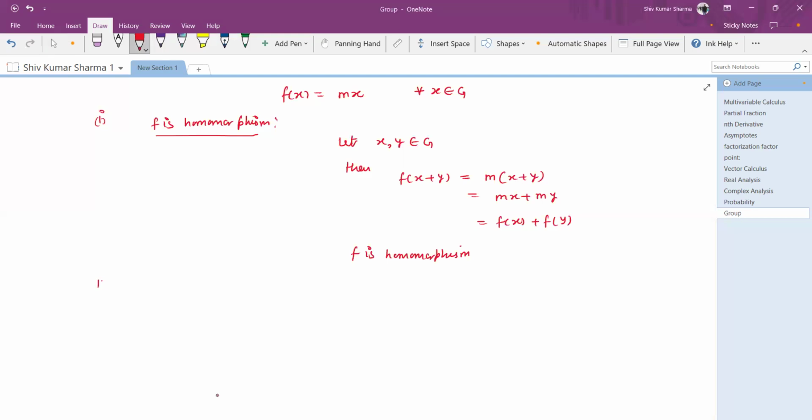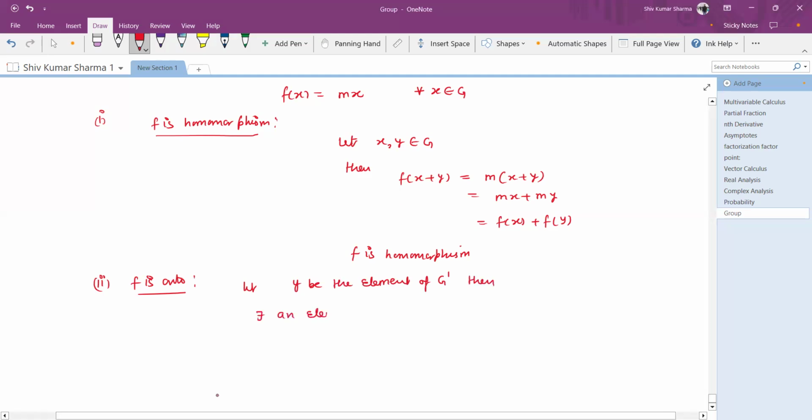For the second part, we shall prove that function f is onto. For proving onto, we take an element of set G dash. Let y be an element of G dash. Then there exists an element x, where x equals y upon m. We have the function f(x) equal to mx, so y equals mx, then x is equal to y upon m.